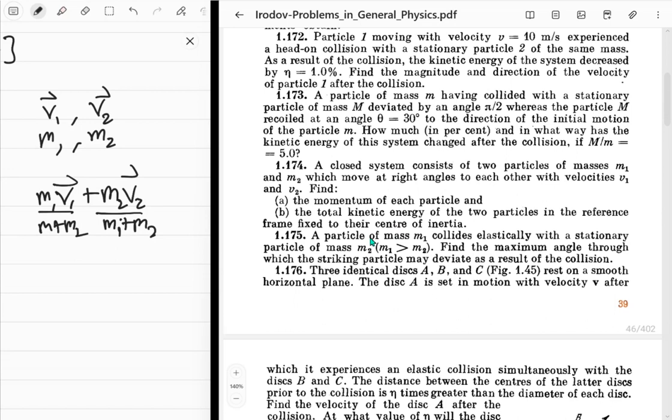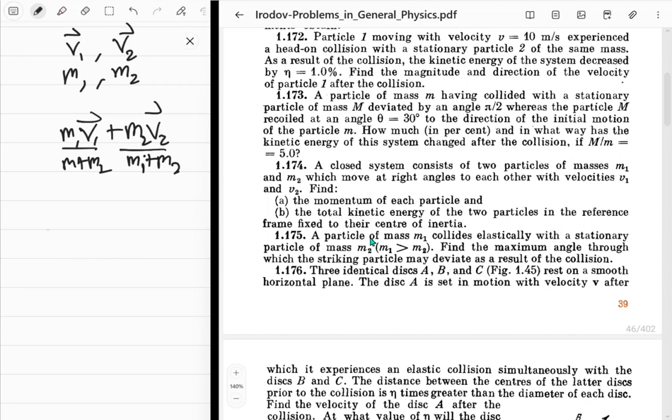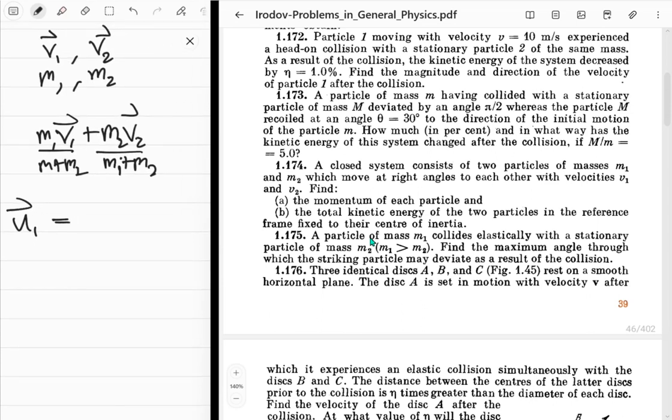Fine. So just figure out what the relative velocity should be. We'll say the relative velocities are u1 and u2. So u1 will be v1 minus all of this.